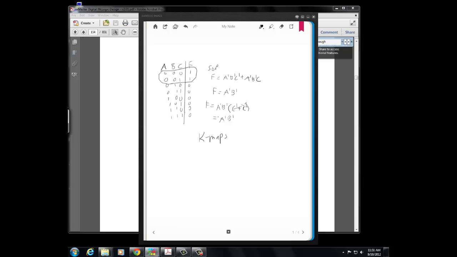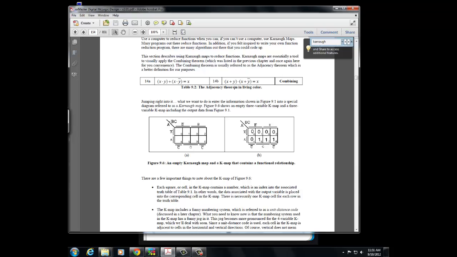So if you look at the textbook, here's a picture of a Carnot map, and I'll explain this in a moment. One thing about the Carnot map is to notice this numbering. The numberings inside the Carnot map represent the 0 through 7 possible choices for your input combinations. Now, why are they in this funny ordering?